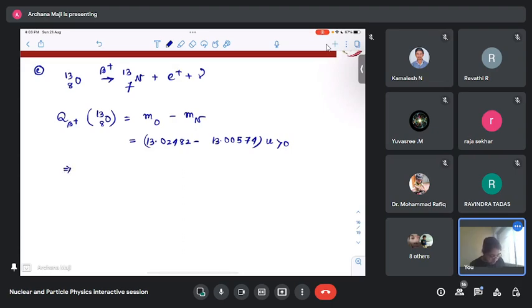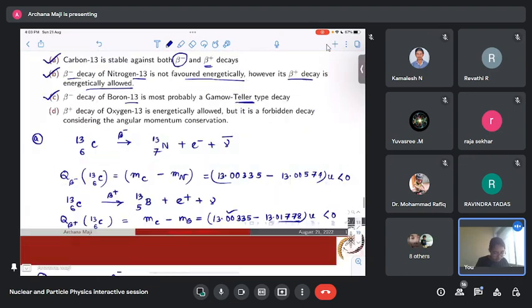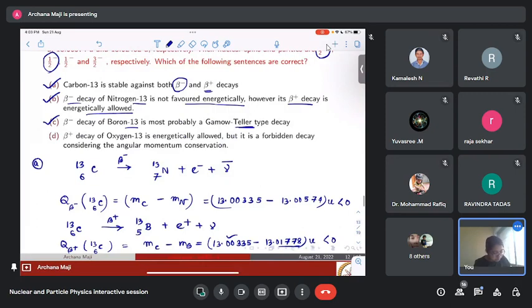That means the beta plus decay of oxygen is energetically allowed. Now we need to check the second statement, that it is a forbidden decay considering angular momentum conservation. So we need to check what the S value is.